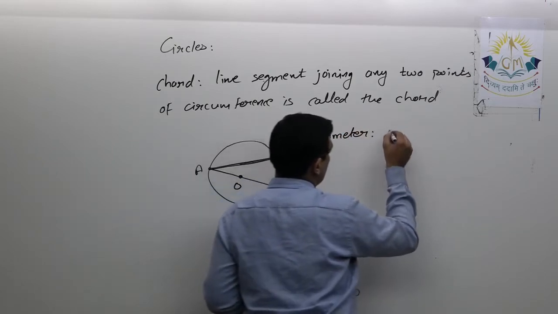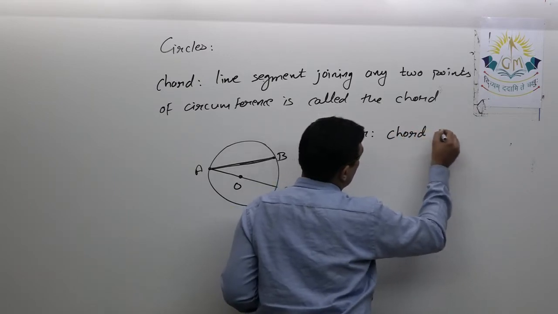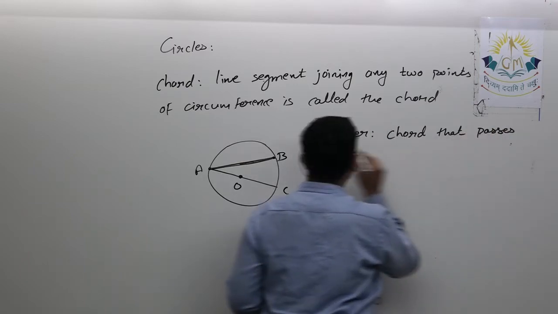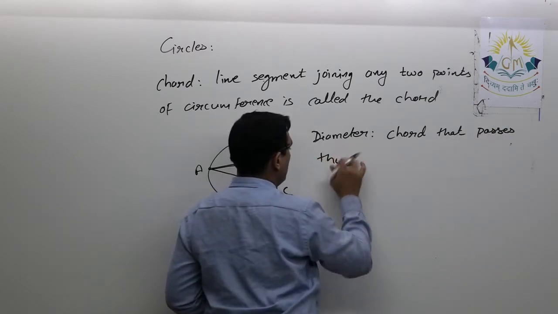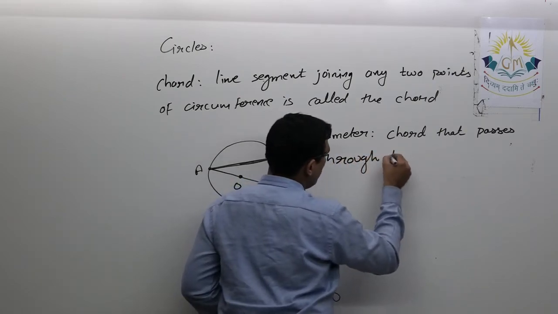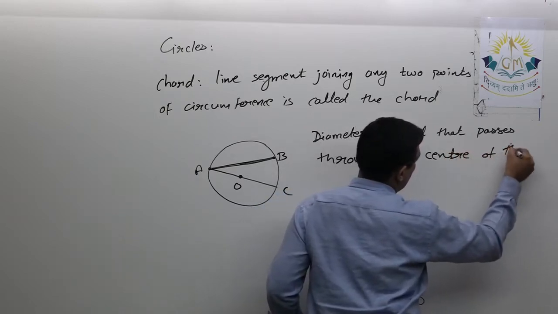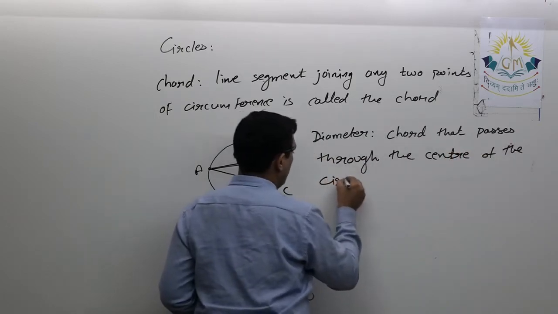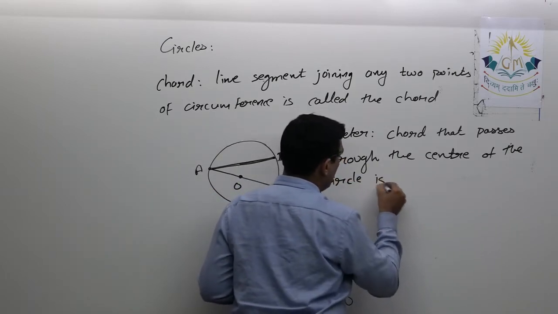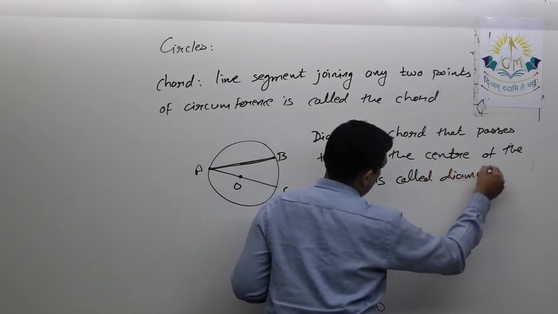The chord that passes through the center of the circle is called the diameter.